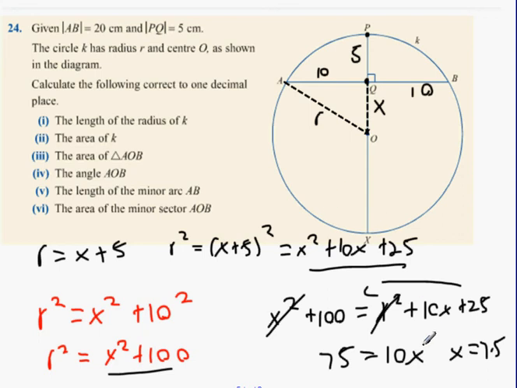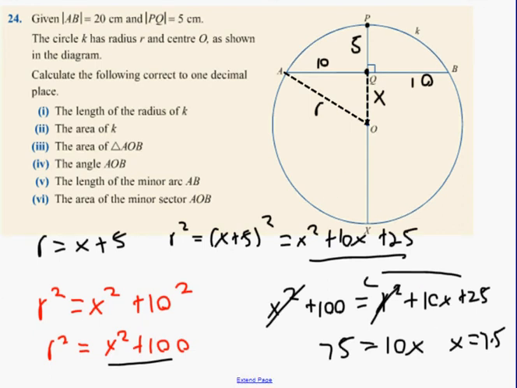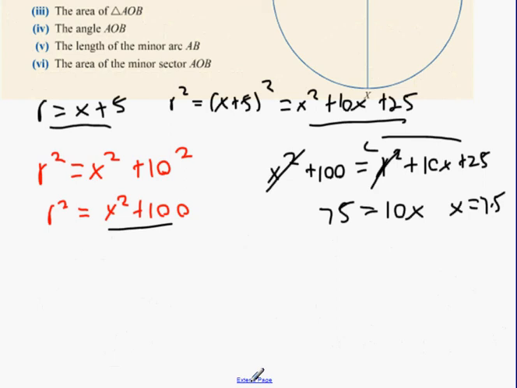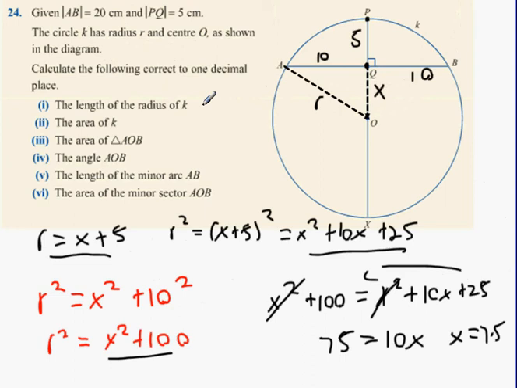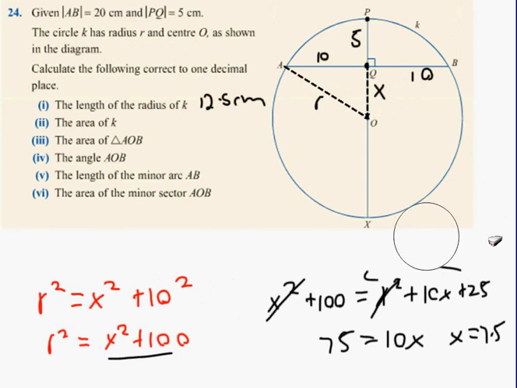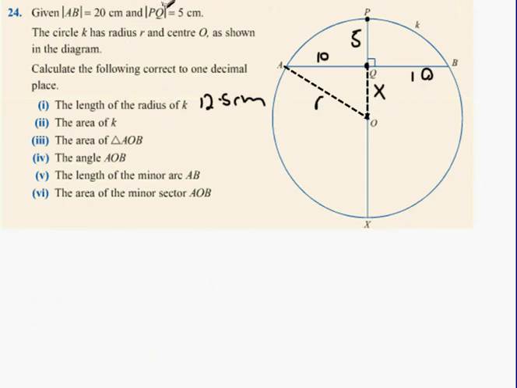And that's what x is equal to, not the radius. So remember, the radius equals x plus 5. So the radius therefore equals 7.5 plus 5, which is 12.5 centimeters. Now, find the area of K. Well, the area of K is the area of a circle.